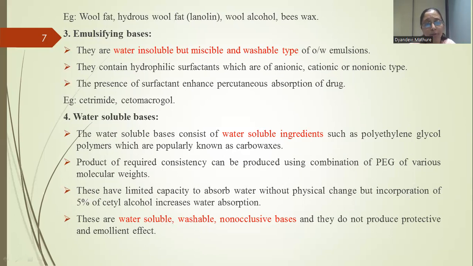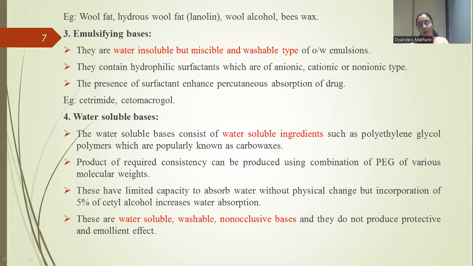Whereas in water soluble bases, the water soluble ingredients present are like polyethylene glycol polymers, which are popularly known as carbowaxes. Product of required consistency can be produced using a combination of PEG of various molecular weights.